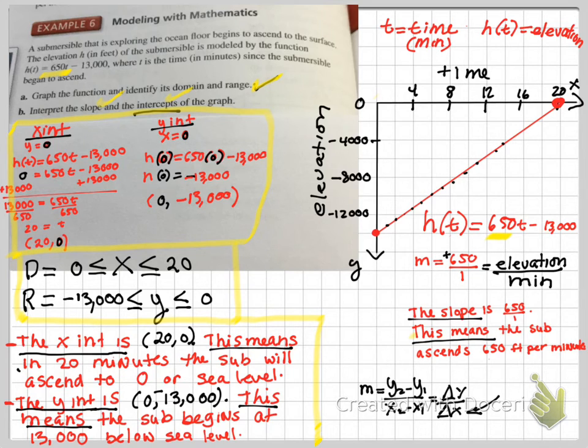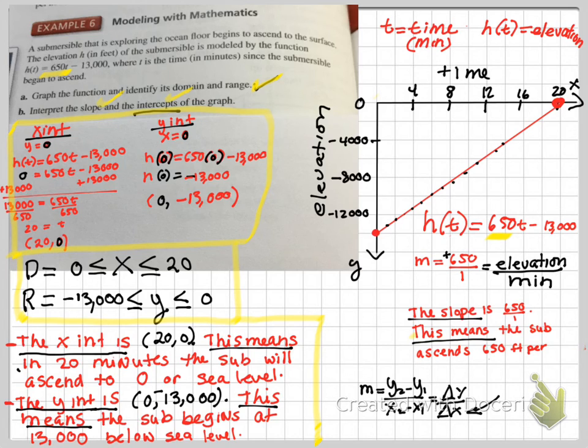That's our slope. We turned it into a fraction. We related the numerator to the y-axis topic, elevation, and the denominator to the x-axis topic, time, and then we explained in words. The slope is 650. First we identify, then we explain. This means the sub ascends 650 feet per minute.